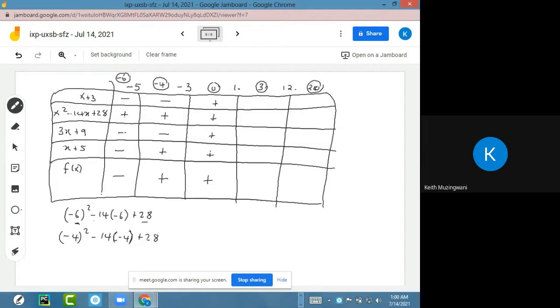Then 3 squared, that will be 9, minus 14 times 3 plus 28. So let's see. 14 times 3 gives us 42. Now it's negative, then 28, so this will be a negative number.